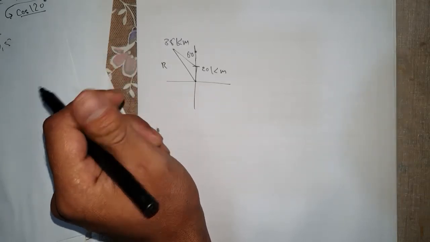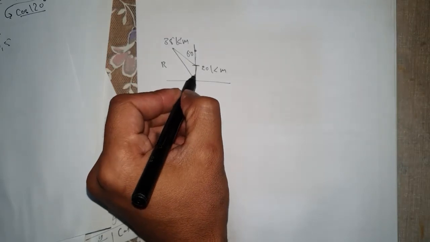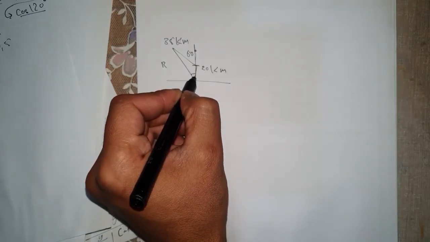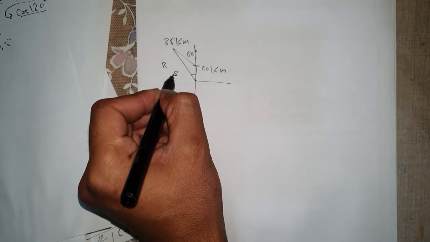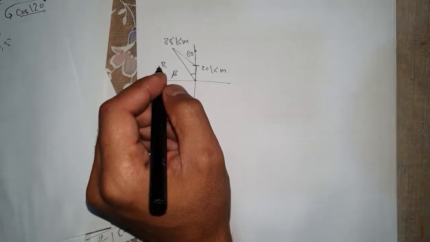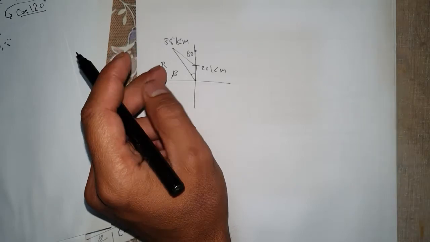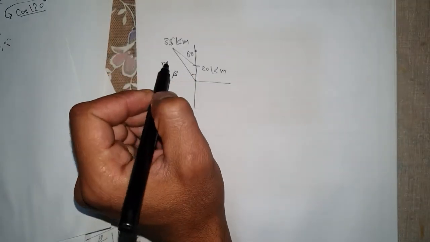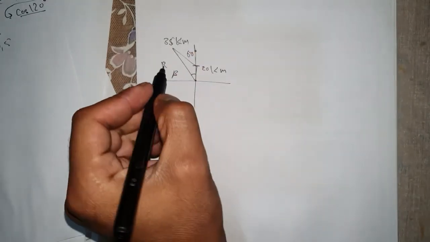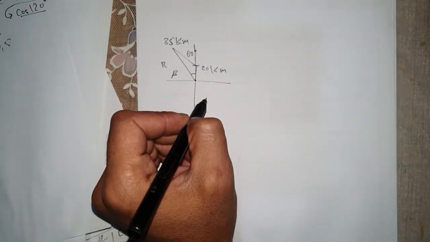We have to find the resultant R, and this angle we will name beta. For this example we will find the magnitude and the direction.